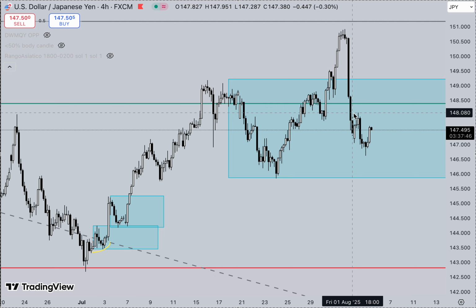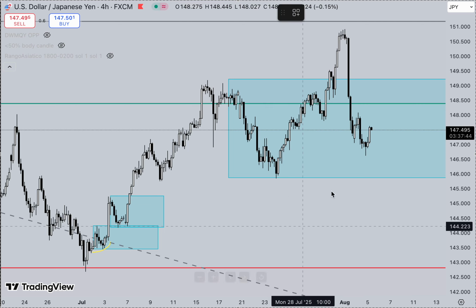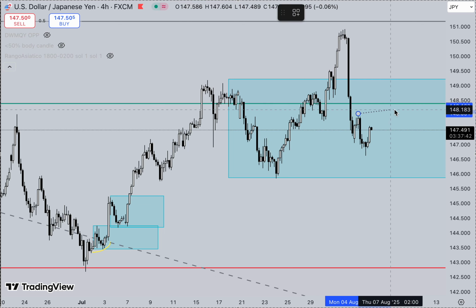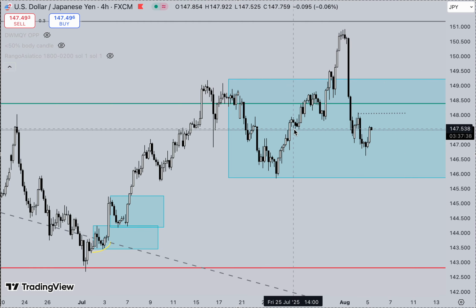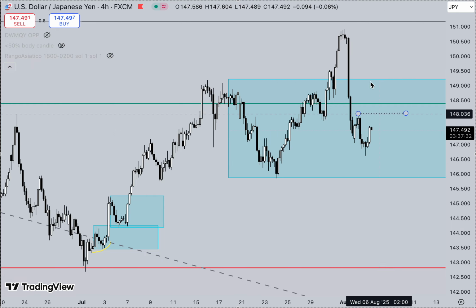Once we break this fractal structure, we start looking for additional positions to take. Because we've grabbed liquidity here, we grabbed this liquidity, left this area open, so it's still possible for us to have a push up and start looking for higher prices.